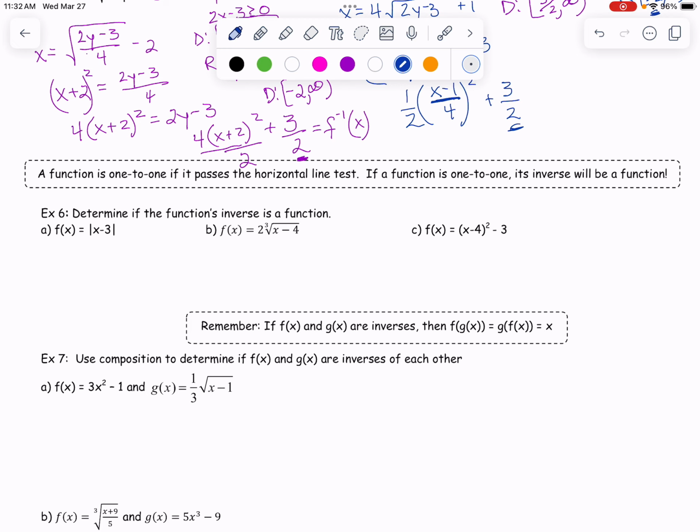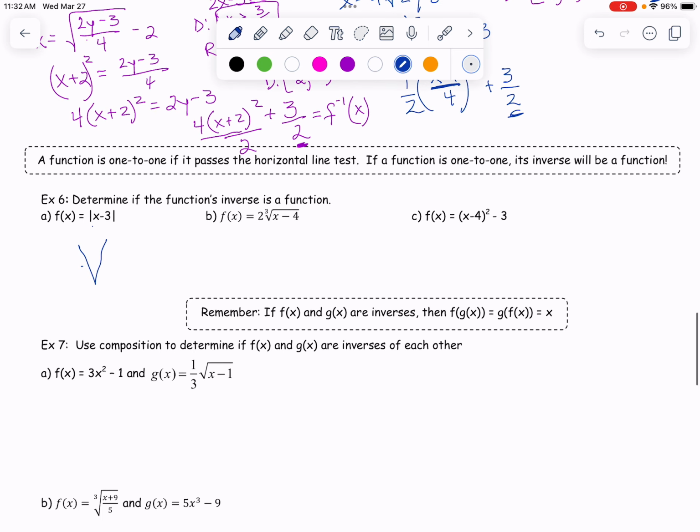So we have absolute value looks like this. A function is one-to-one if it passes the horizontal line test. I said that backwards a while ago.